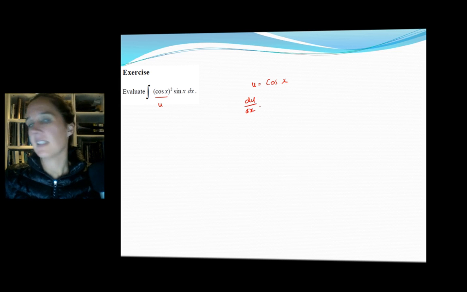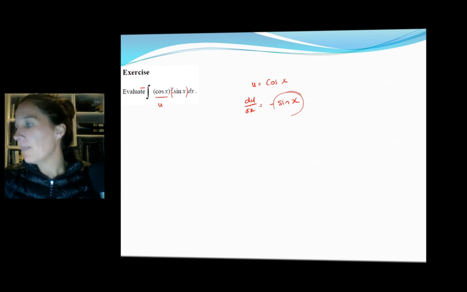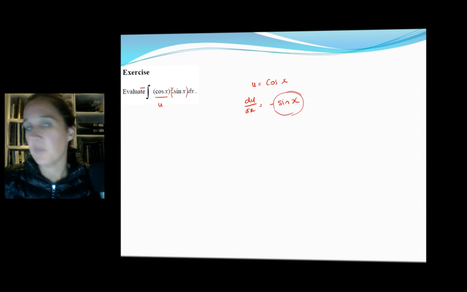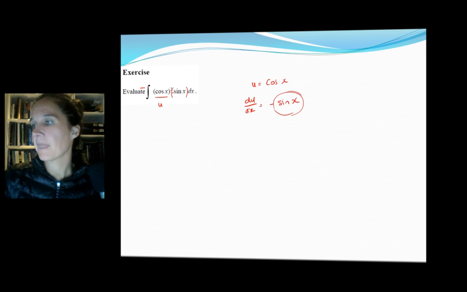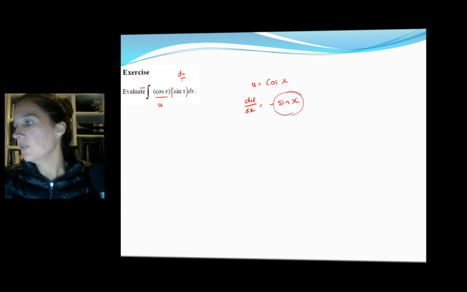Du on dx therefore becomes negative sine of x. And see how this almost matches. To get our negative sine of x, we're going to have to put a negative in there and a negative out the front. So now we're matching this du on dx. We put a negative out the front. And so now that's our du on dx, and here we've got u squared.